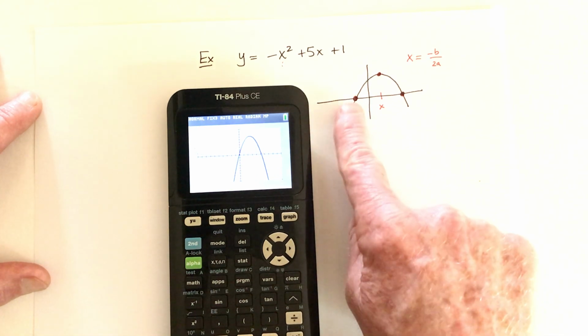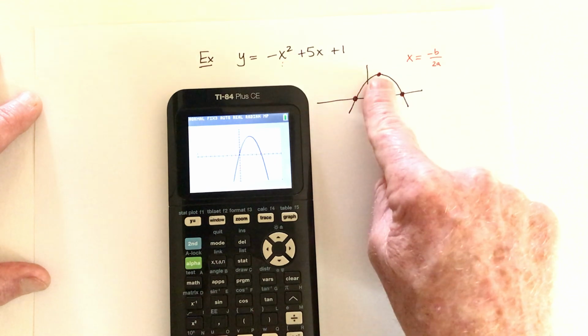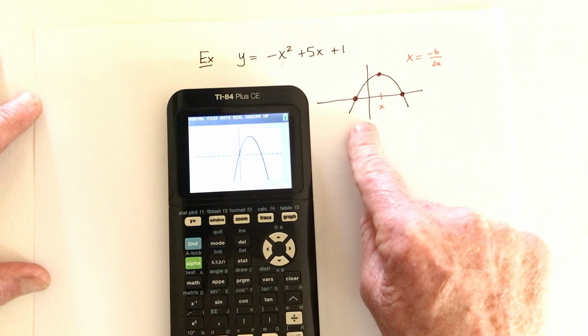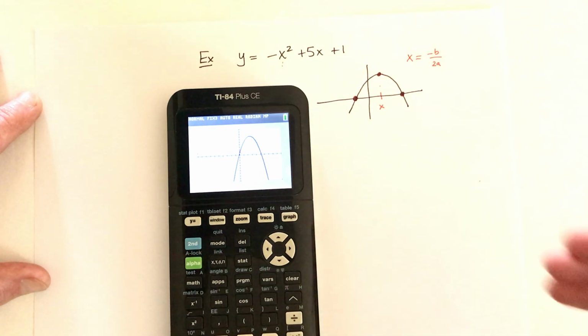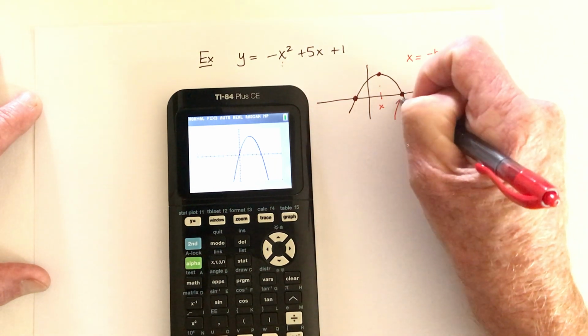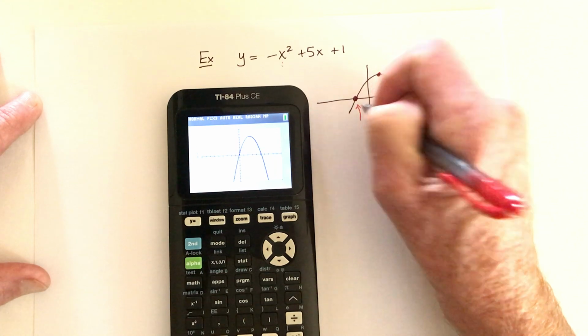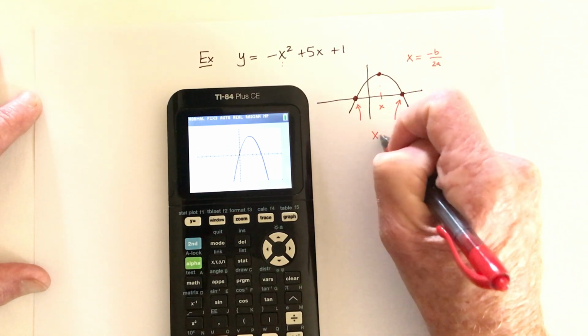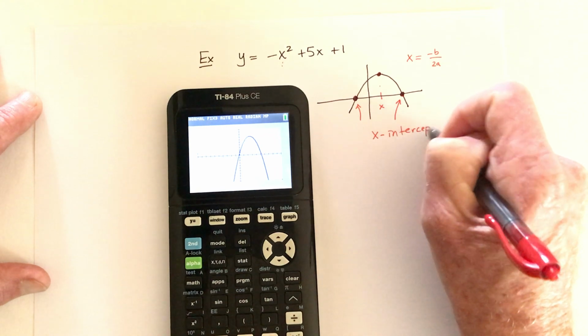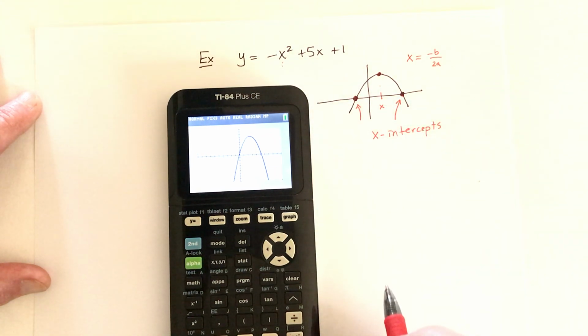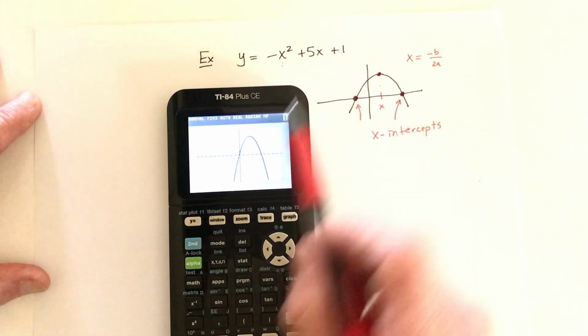So how do you find this and this and this using the calculator? So these two, they have several names. They're called the x-intercepts. So it might say find the x-intercepts, either using the quadratic formula or the calculator.